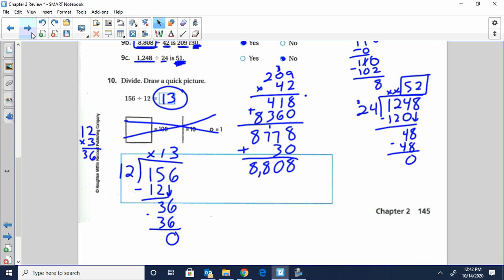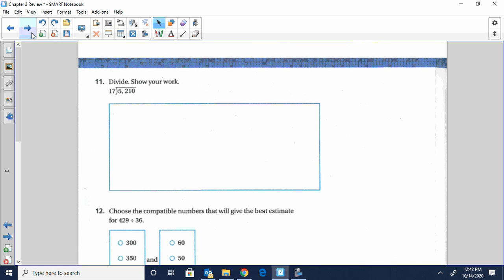On to question number 11. Question number 11 is just a 2-digit division problem. 5,210 divided by 17.